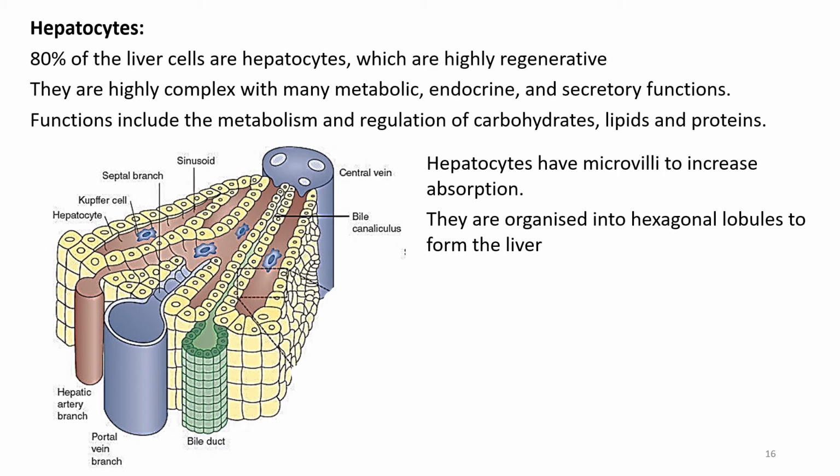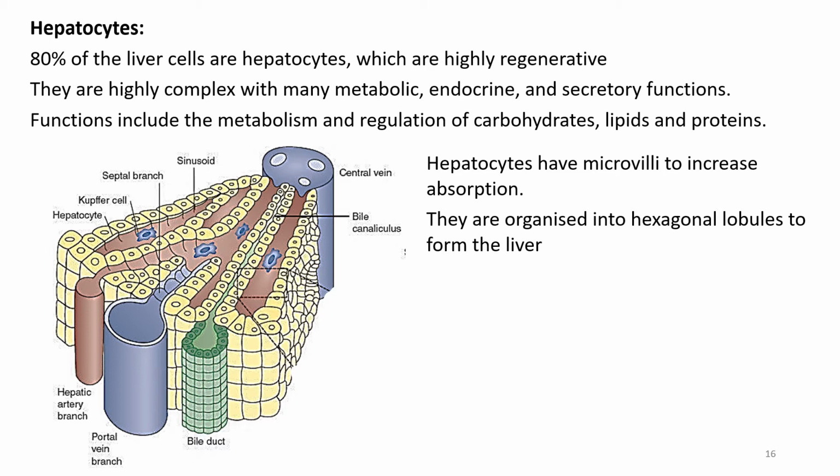These lobules are hexagonal. And the lobules have a central vein. They have a branch of portal vein on the outside of the lobule, and also an arterial supply, because after all, they need nutrients to keep themselves going.